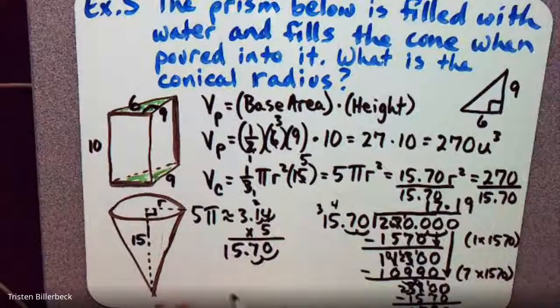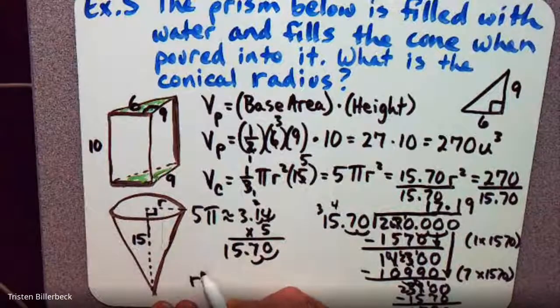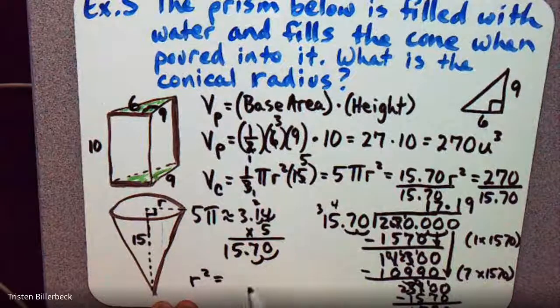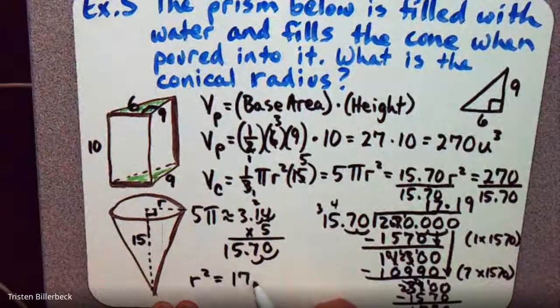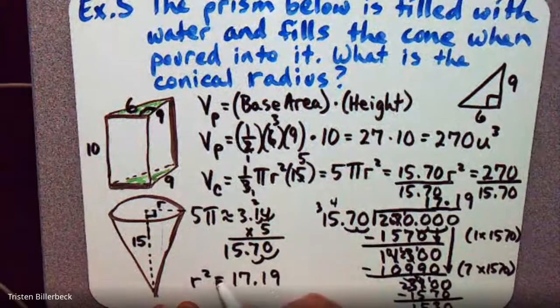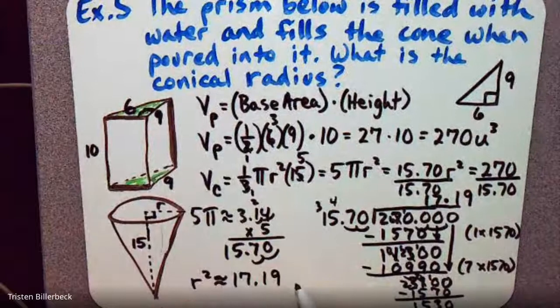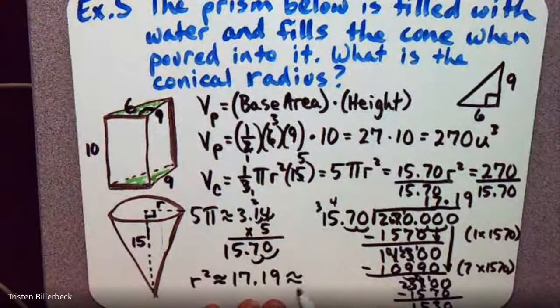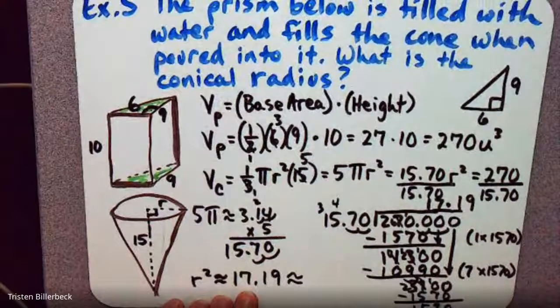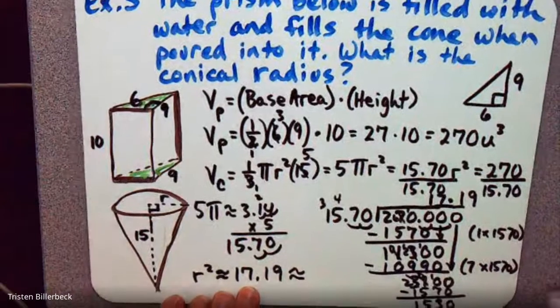So we have a radius squared, which is 17.19-ish. You know, it approximates. So now if we're going to ballpark this, the number is very close to 16. What's the square root of 16? It's about 4.